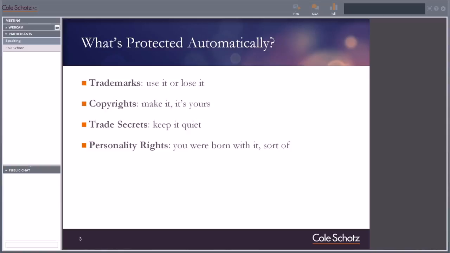Secondary meaning is less important when the mark is already itself distinctive of the goods and services. And we like to think in terms of a spectrum. At one end of the spectrum, we have what we call generic or descriptive marks. A generic mark would be the use of the word apple to sell apples. An example of a descriptive mark would be honey crust to describe a pastry with a honey-based crust.